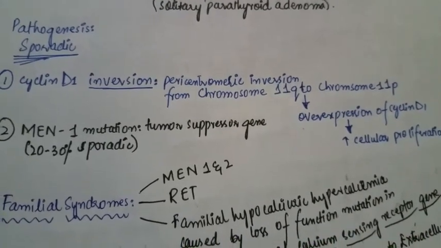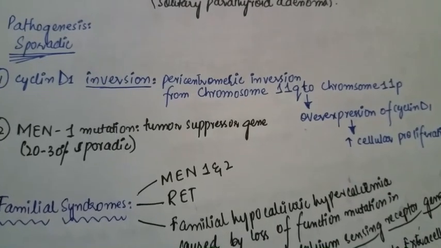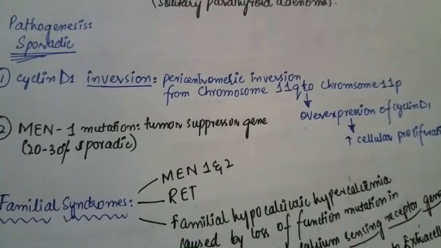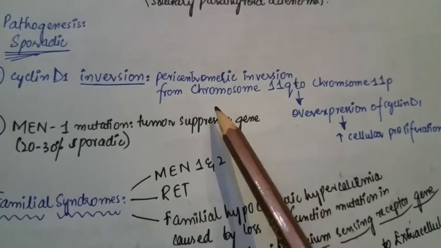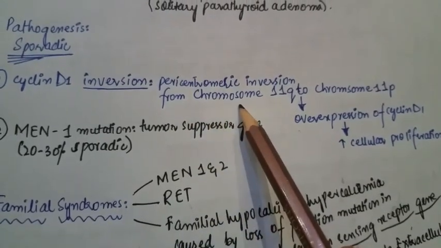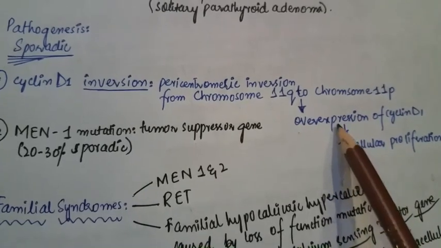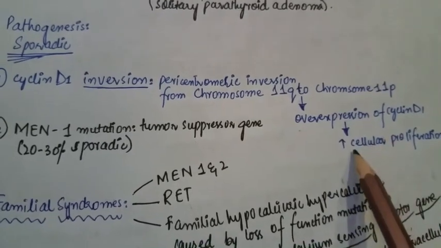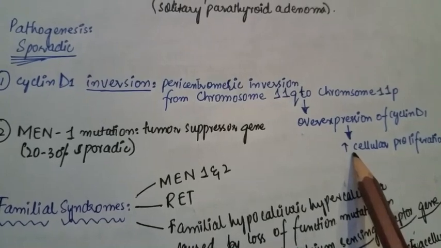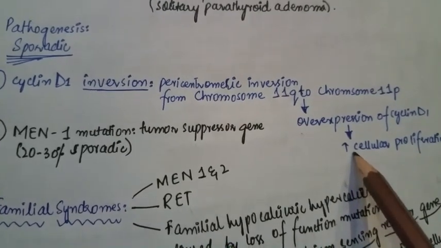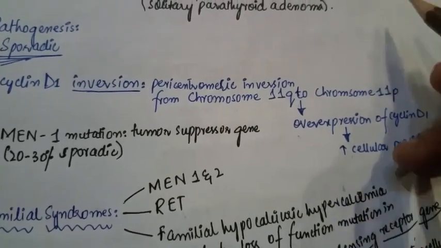What are the sporadic causes? Cyclin D1 inversion. When there is a pericentromeric inversion of the cyclin D1 gene from the short arm of chromosome 11 to the long arm, there will be overexpression of cyclin D1, resulting in increased cellular proliferation. What is meant by pericentromeric inversion?